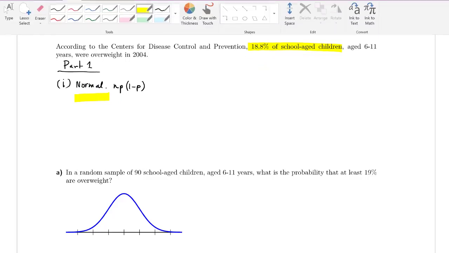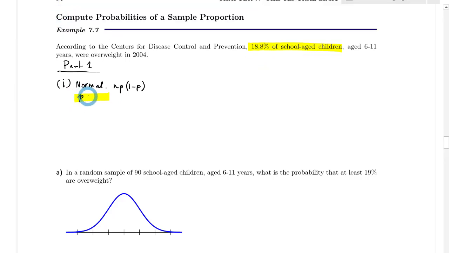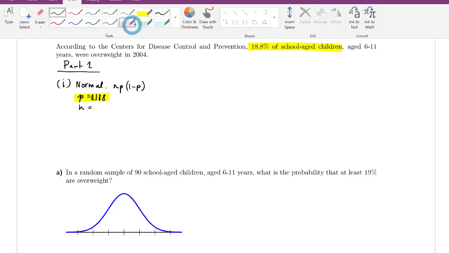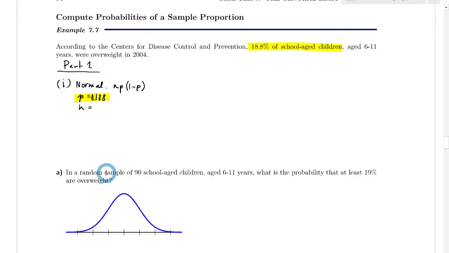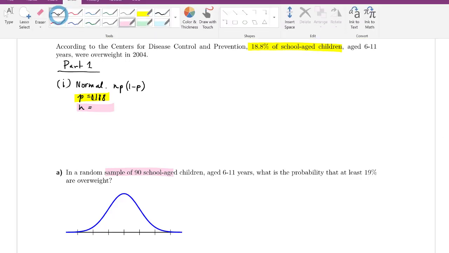So at least we know the population proportion, which is 0.188. The next thing we need to know is the sample size. The sample size is not given here, but if we look a little bit lower, we'll see that we're taking a sample of 90. So we'll go ahead and use 90 here.